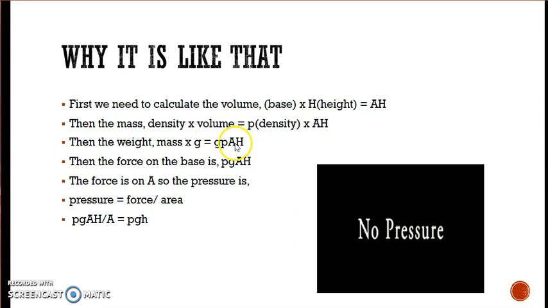So gravity times rho times A times H. Then we calculate the force on the base. The pressure equals force over area. This is the force, and the area is A, so you cross out the A and it just becomes rho g h. Yeah, it's just like algebra.